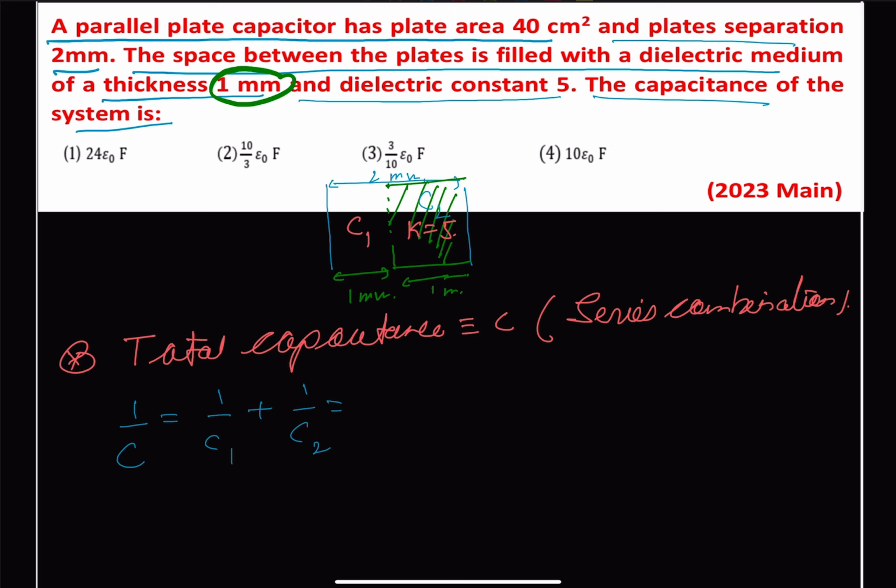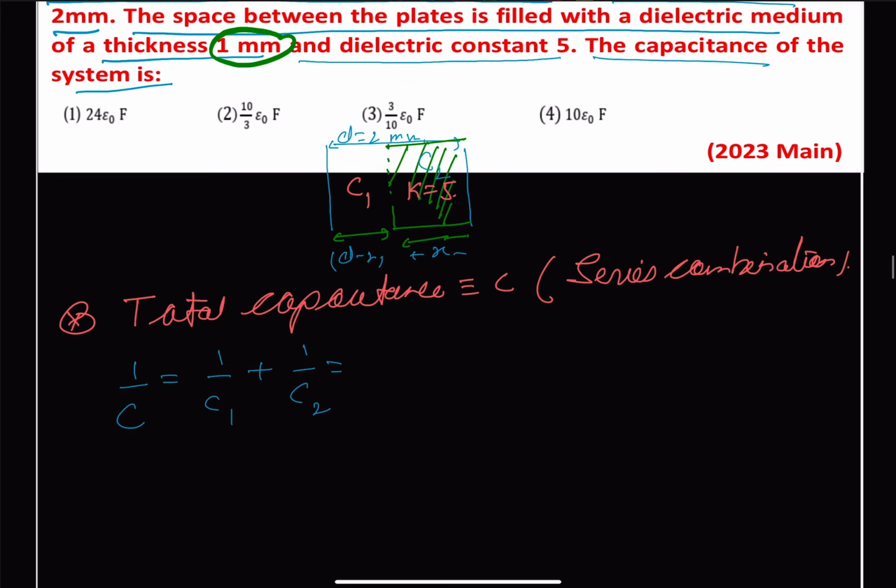Let us generalize. The thickness of this dielectric is x, and this will be d minus x, and the total is d, which is given as 2.